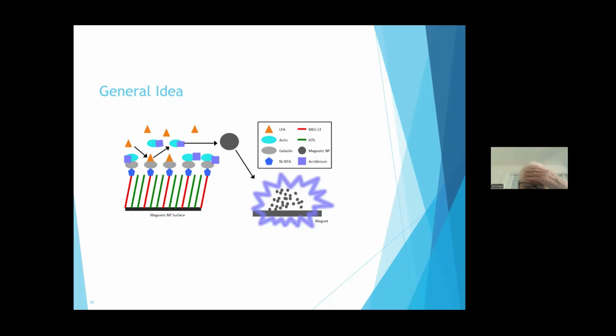So it's all done on nanoparticles, which we make in our lab, in an effort to make a chemiluminescence method that might go down sub-micromolar in terms of concentration detection. This is a very recent effort in our lab. It's not been published yet. We're just about to do that.